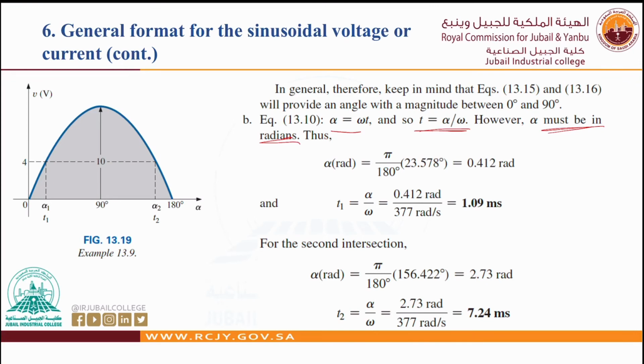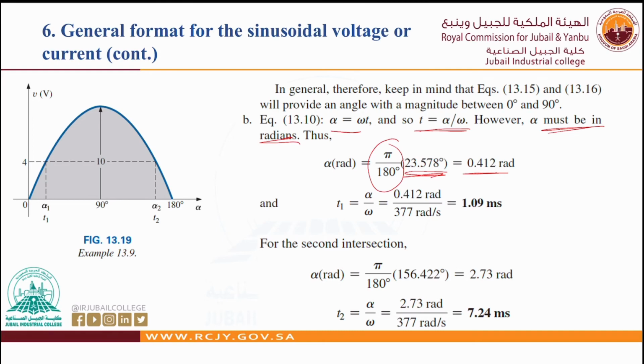If I have sine or cosine, I should have it in degrees. If I don't, the alpha should be in radians. So alpha in radians equals pi over 180 times the angle, which is 0.412. This is just for the conversion.